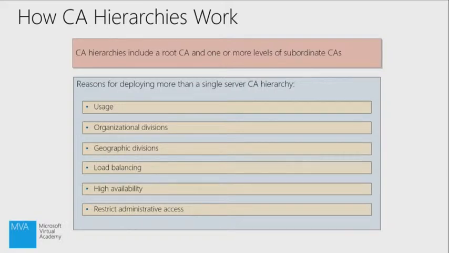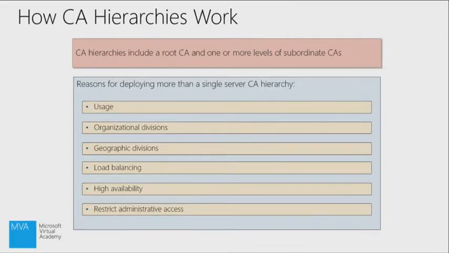Organizational divisions, as we talked about earlier, you might have a number of different organizations or teams or groups within your overall organization that have different functions, different requirements, different IT teams even possibly, and you need those teams to independently manage certification services.